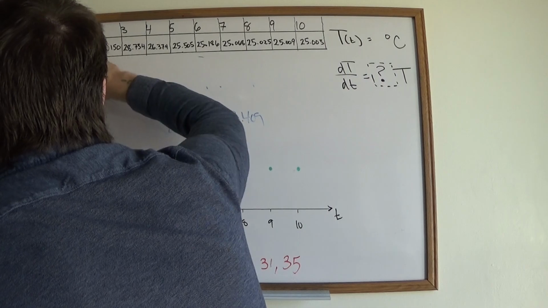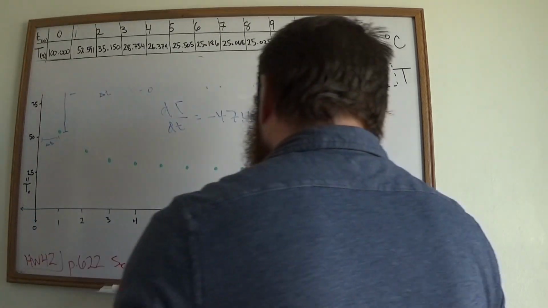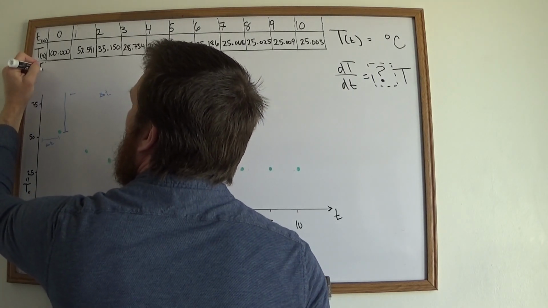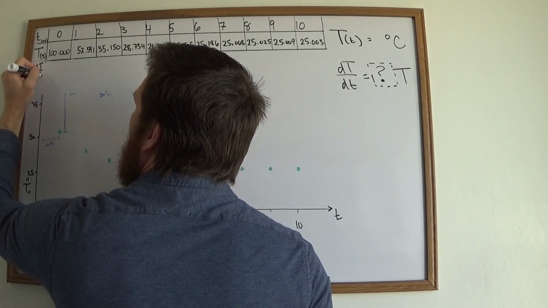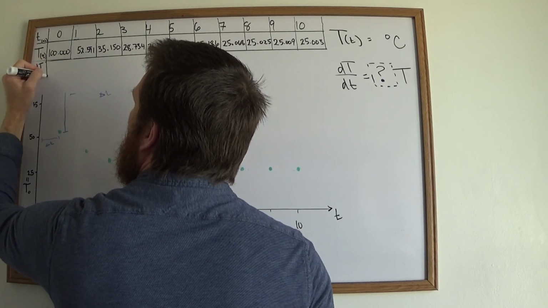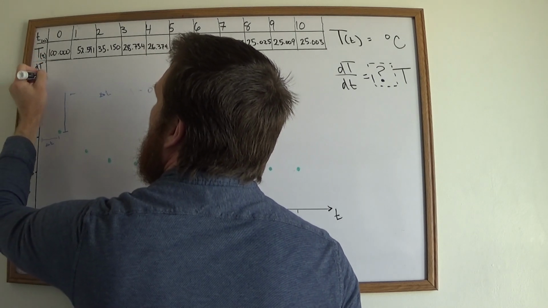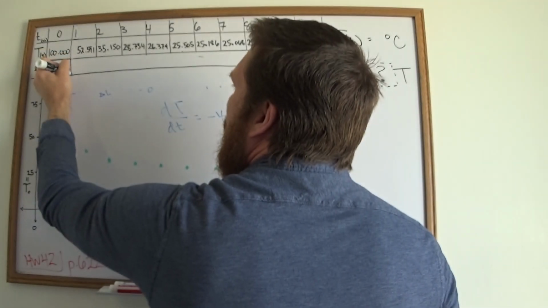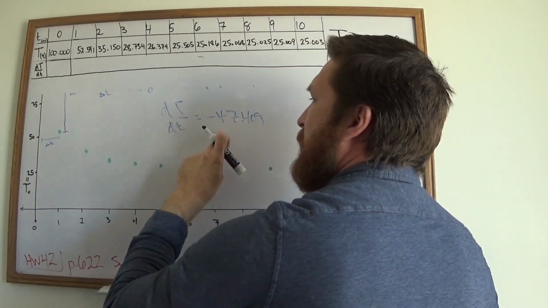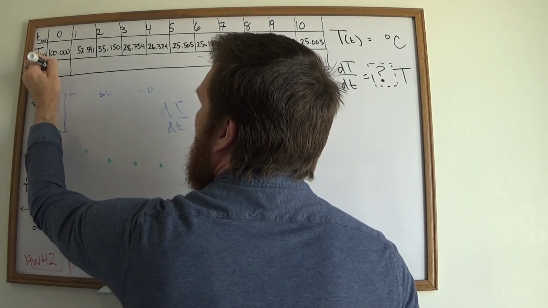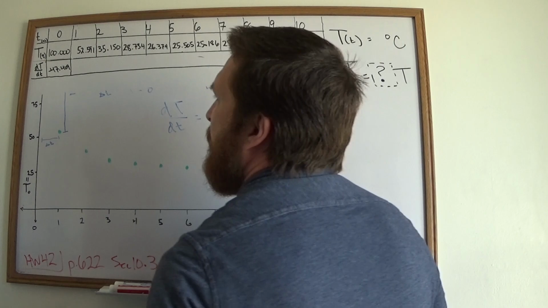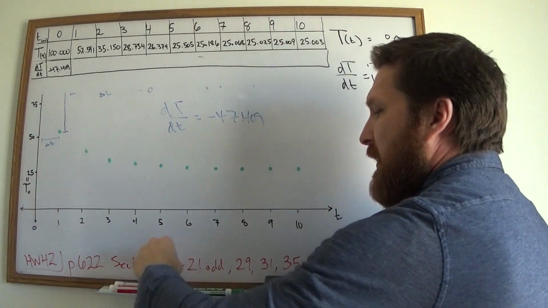Say, that first little bit right there. Now I'm keeping track of the derivative, delta temperature over delta time. Around here, that slope is about negative 47.409. Then I do that for the next bit.